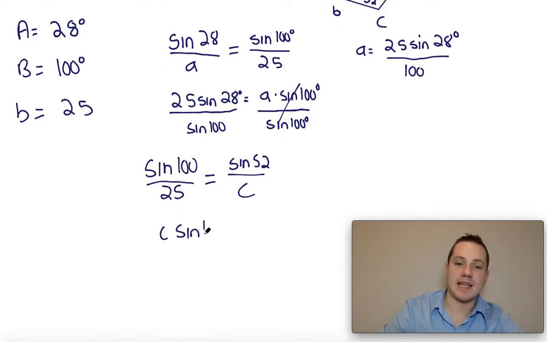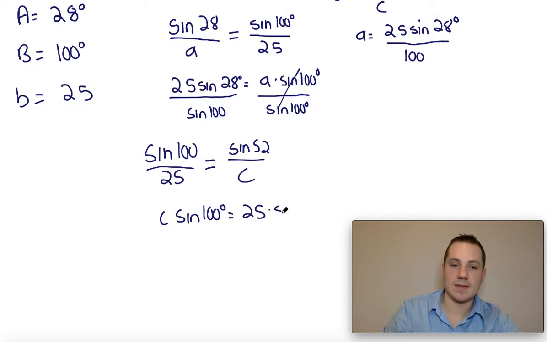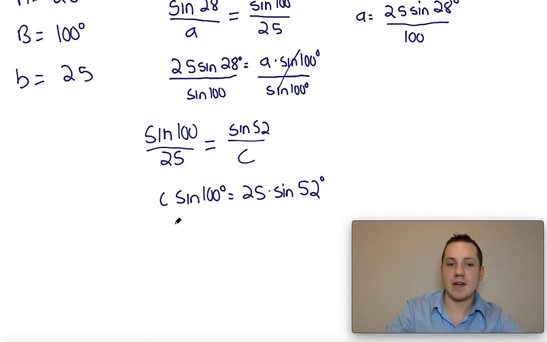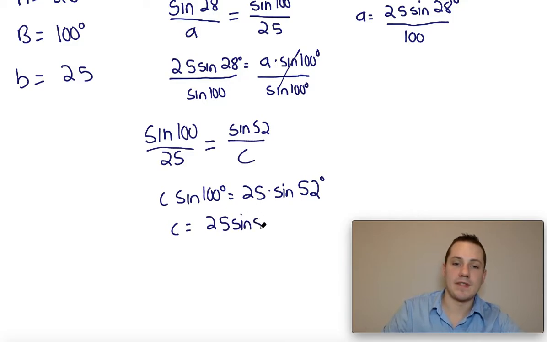So I would have C times the sine of 100 degrees is equal to 25 times the sine of 52. Now I'm going to divide both sides by the sine of 100, and I would get C is equal to 25 times the sine of 52 degrees divided by the sine of 100 degrees.